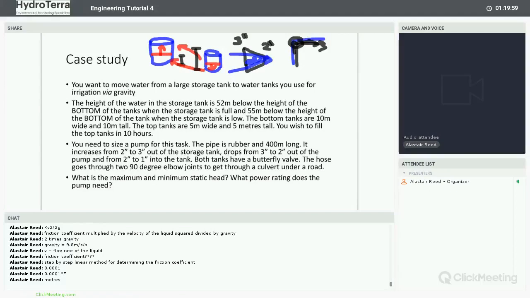So I think the best thing to do at this point is not worry about this case study here, but just go step by step through the example in the notes. And then have a look at topic 3.